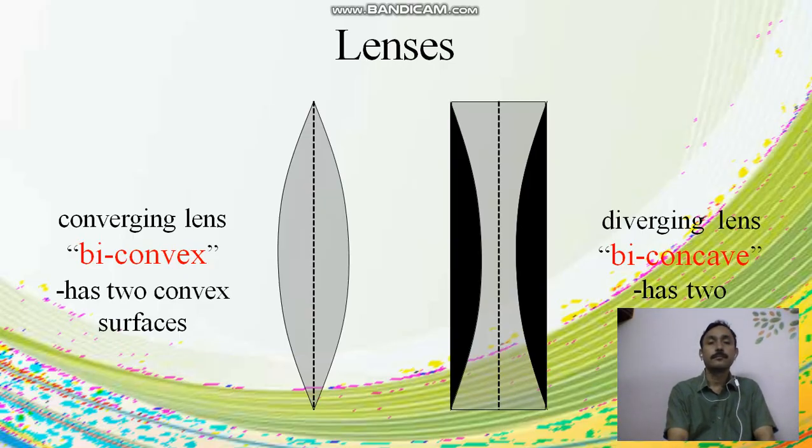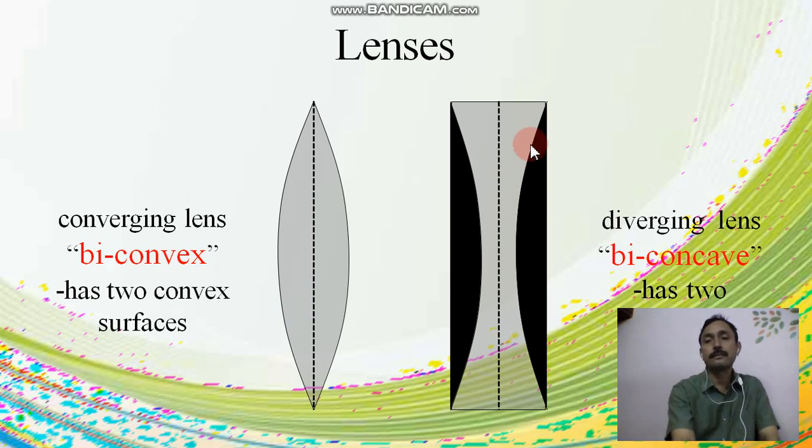So lenses. Converging lenses are biconvex. Convex lenses are always converging and concave lenses are diverging. So converging lenses are biconvex. This is one convex end and this is another convex end. So this is biconvex, it has two convex surfaces.